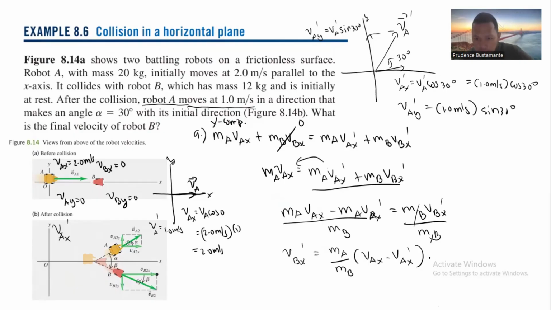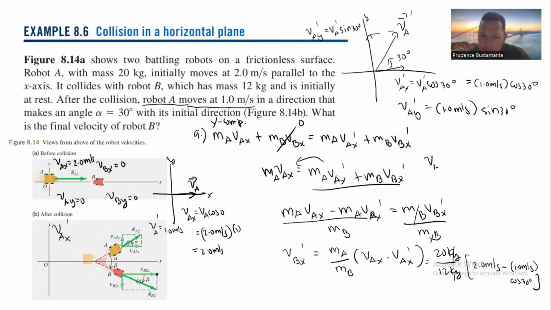So here this is equal now to MA, which is 20 kilograms, and robot B is 12 kilograms, times VAX, which is 2.0, minus 1.0 cosine 30 degrees.